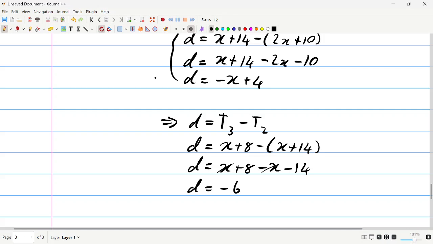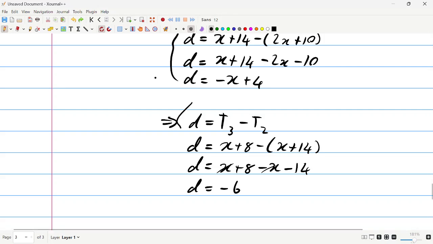Alright. But here's the thing. We know what the difference is from here. Can you see that we literally just found our difference, but the question is not answered? We need to solve for x.